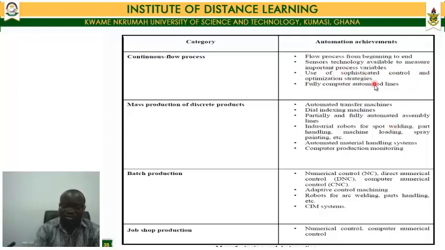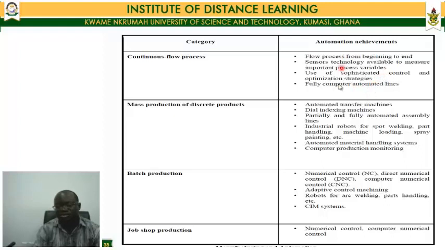They also use quite sophisticated control and optimization strategies, because they can look at the volume of the coke that they have in their reservoir, and then slow down the process of bottling such that they will just sustain the production.